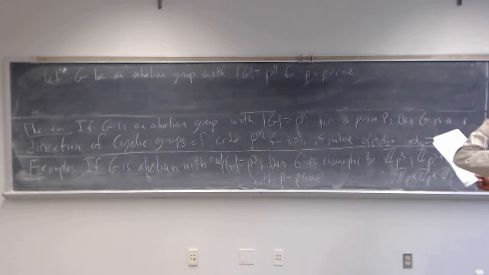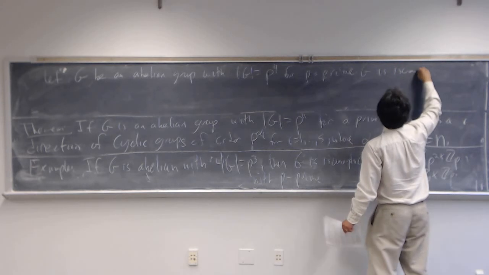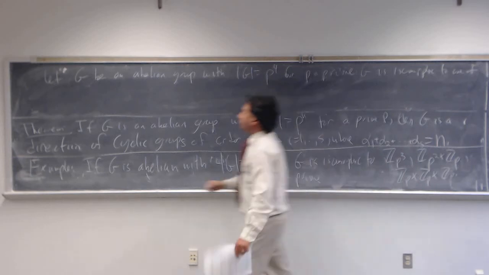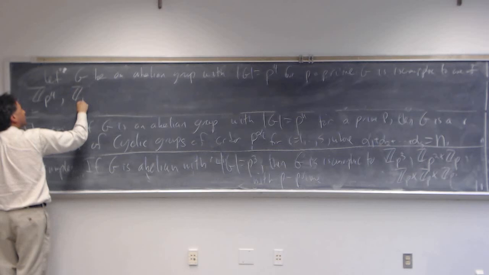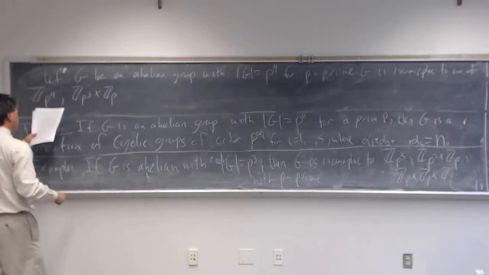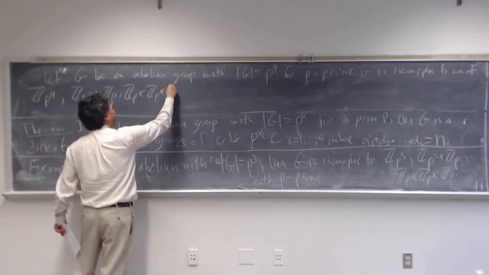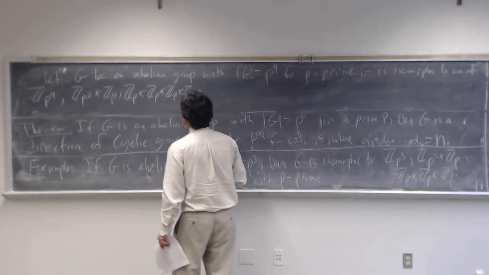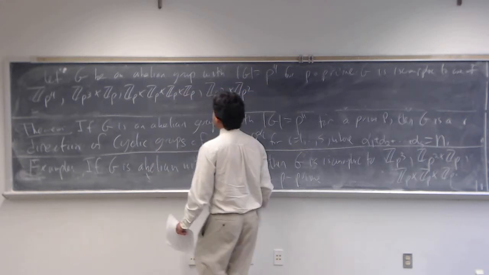Okay, so let's look at the possible classes then. G is isomorphic to one of: G could be cyclic. Or G could be Zp cross Zp^2 cross Zp. Or G could just be 4 copies of Zp. Or it could be Zp squared cross Zp squared.